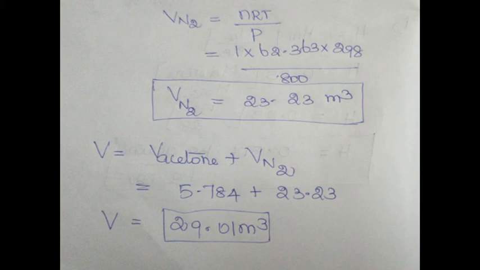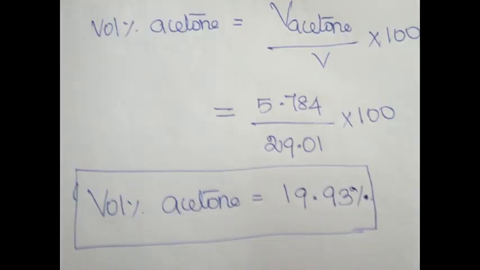Substitute all the values. Find out the volume of nitrogen, 23.23 meter cube. We need the total volume. Total volume is nothing but the volume of acetone plus the volume of nitrogen. Finally we get capital V is equal to 29.01 meter cube.